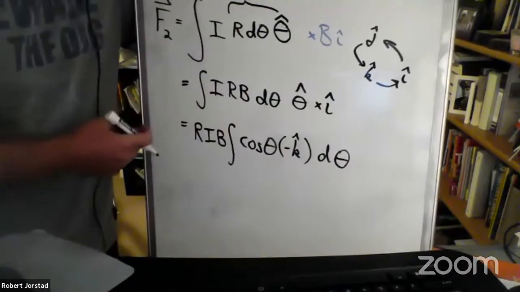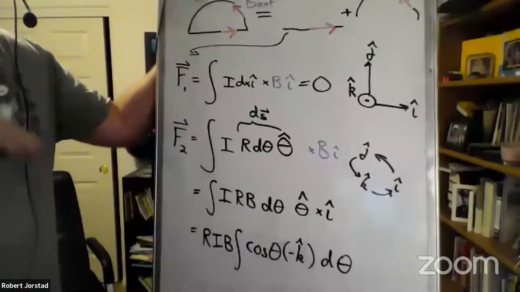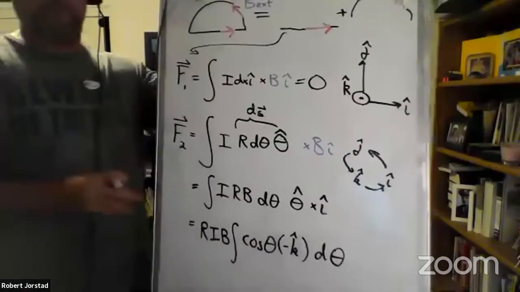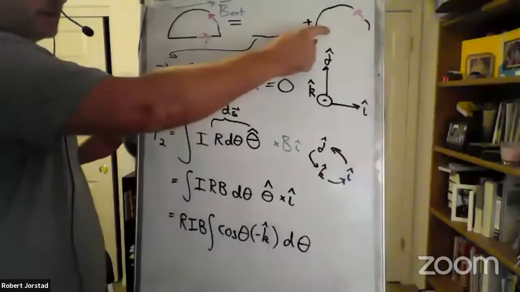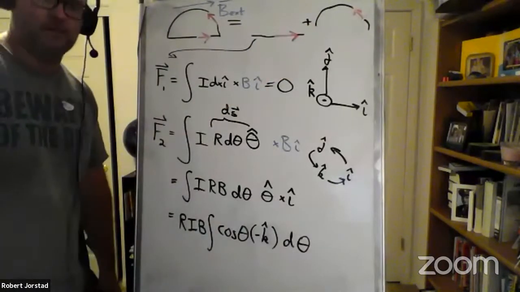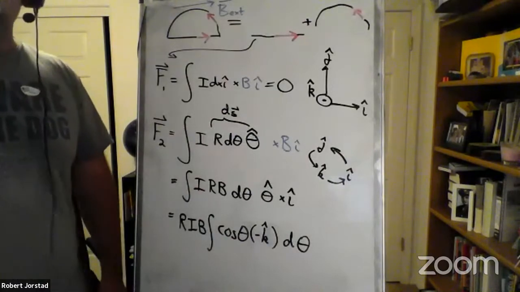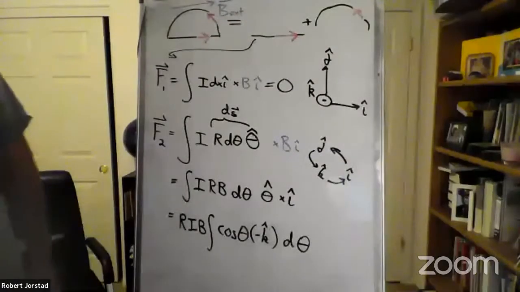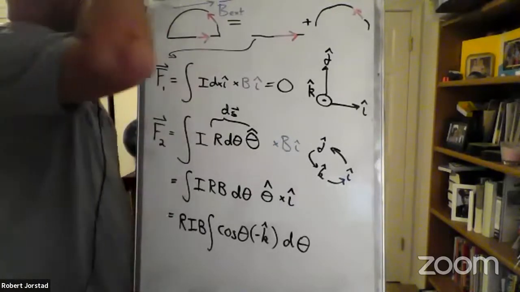What are my limits? We're doing this part of the integral, right? What are the limits? Is it negative pi over 2 and then pi over 2? Good guess. Not right. So remember the standard math definition.